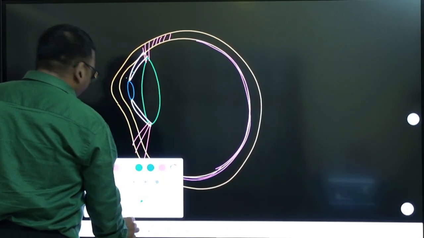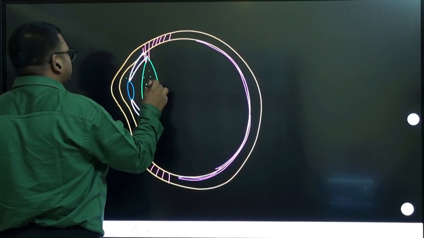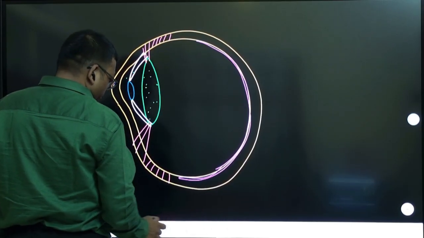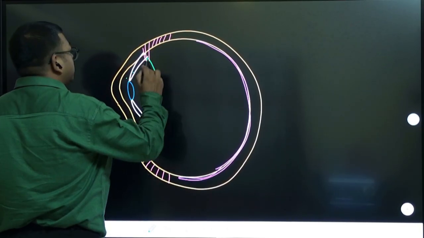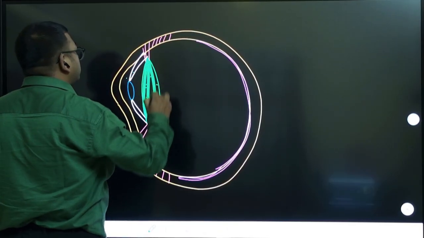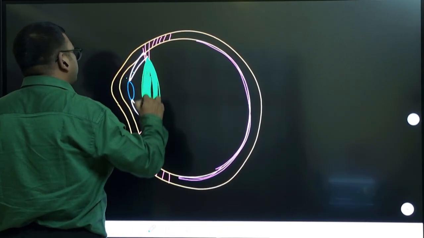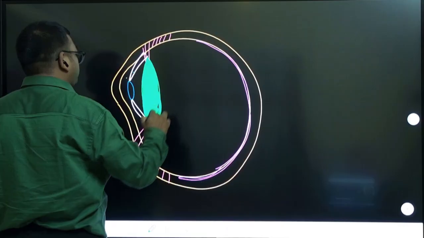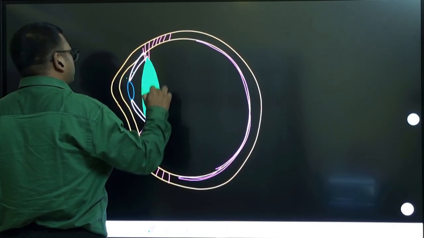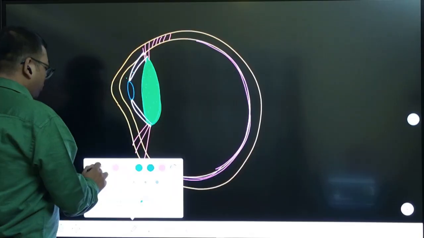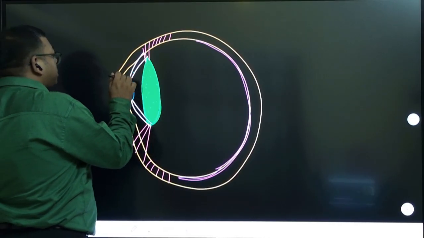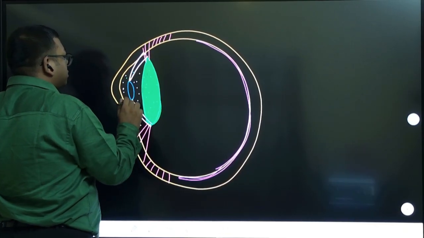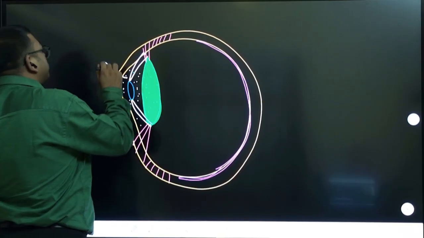So here you need to note that this lens is a crystalline lens. This lens is made up of some crystalline structure. And some medium is filled in between this. This medium is called aqueous humor.